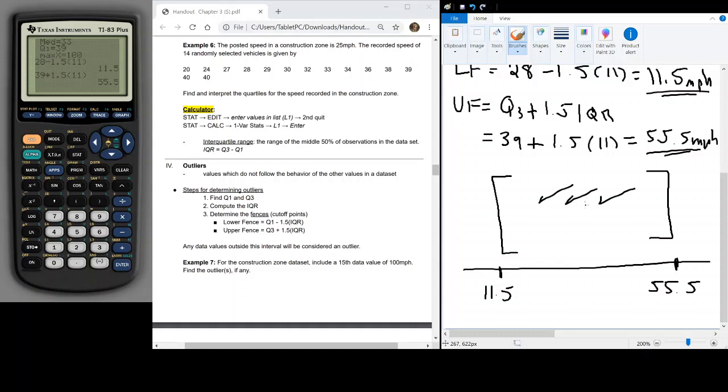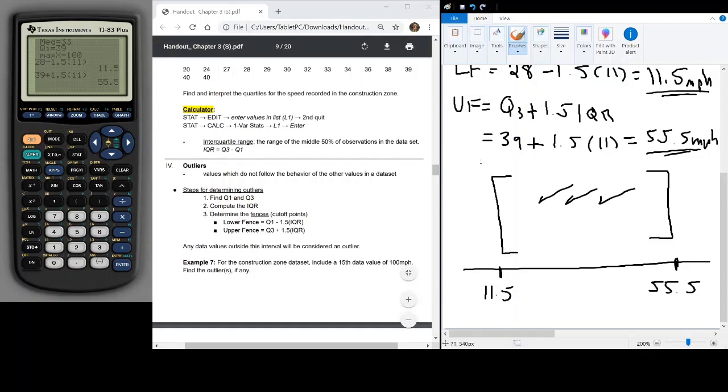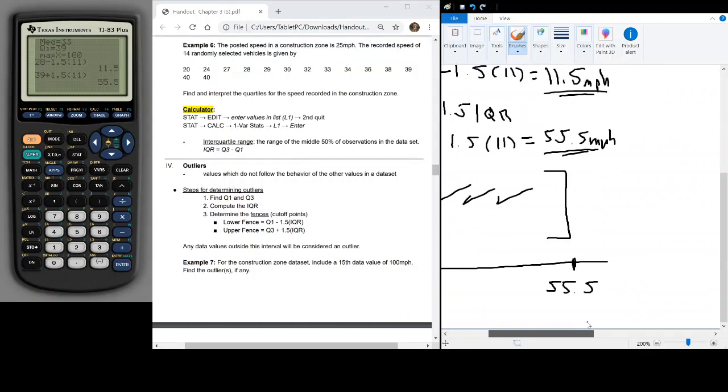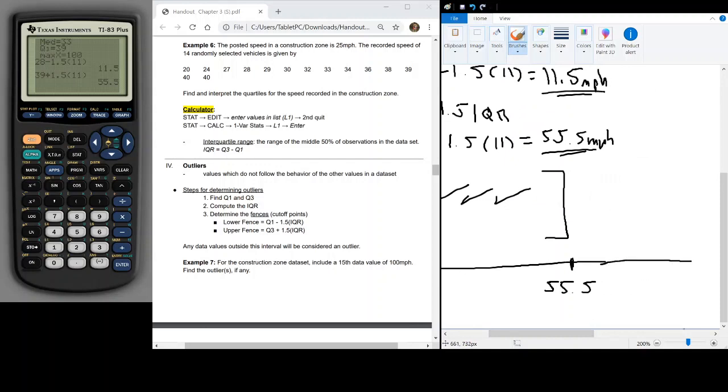As long as that value lies outside of the fences, on the left side or the right side, it's considered an outlier. So 100 miles per hour would be somewhere here. Since the value lies outside of the fences, 100 miles per hour is considered an outlier.